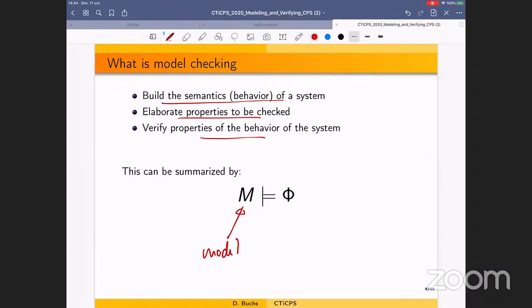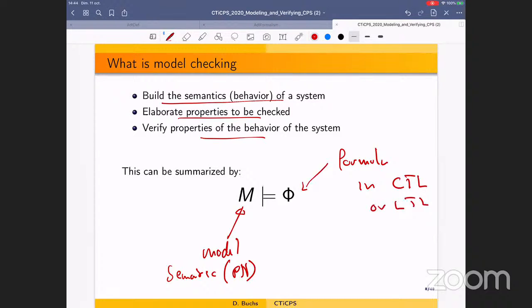But when I'm talking about the model here, it's not the syntactic definition of the model, but the behavioral definition of the model. More or less, it's the semantics of a PetriNet. The phi is a formula to check in CTL, for instance, or LTL. So you have formulas, and you want to check that this formula is satisfied for the model. And this is done by the model checking techniques.